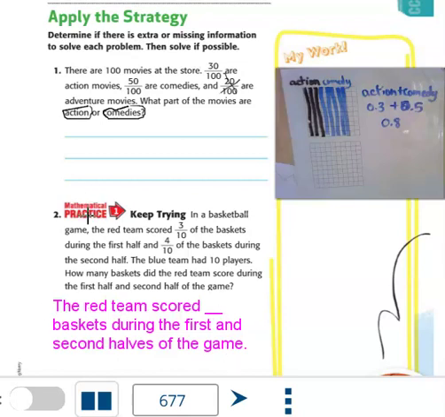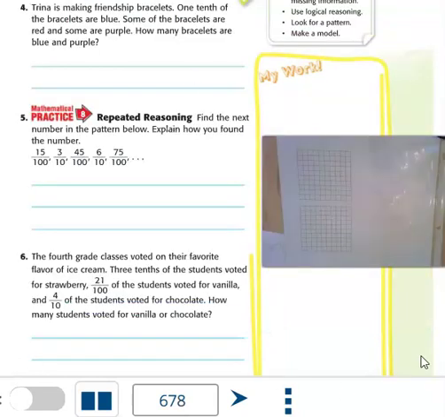So that's how number 2 would be completed. So when you're looking, just remember that some of these problems have extra and some of them don't have enough. They're missing some information, so you won't be able to solve them.